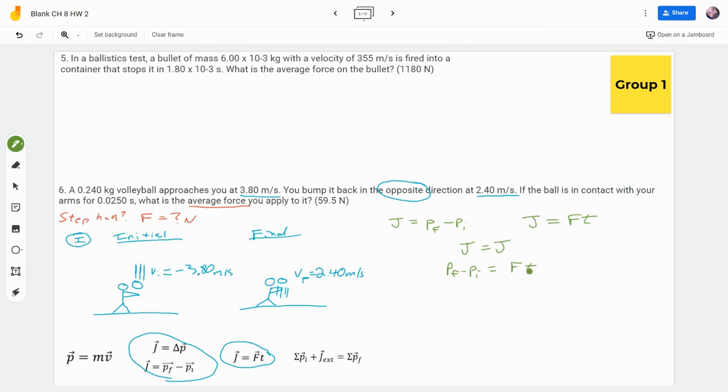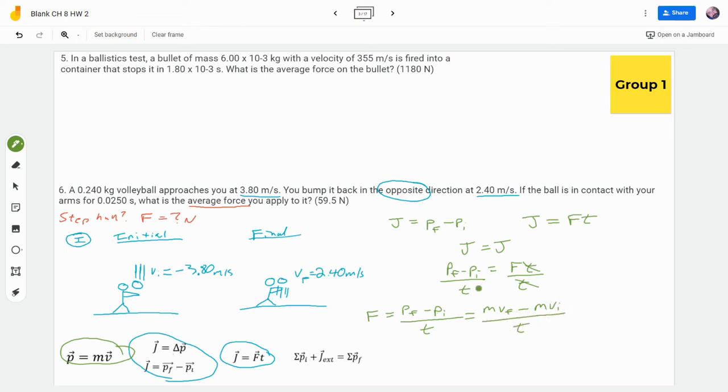If we're trying to solve this for F, what we want to do is divide both sides by T. So now T is going to go away, and we're going to end up with F is equal to P final minus P initial, all of this over T. And what is P final equal to? Well, P is mv. So P final is mv final minus P initial is mv initial, and all of this over T.